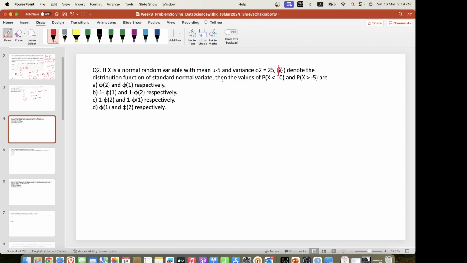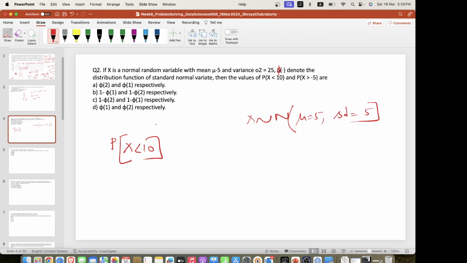Then the values of probability x less than 10 and probability x greater than minus 5 are what and what. So probability x less than 10. Now x is a normal distribution with mean 5 and SD also 5, because sigma square is 25.